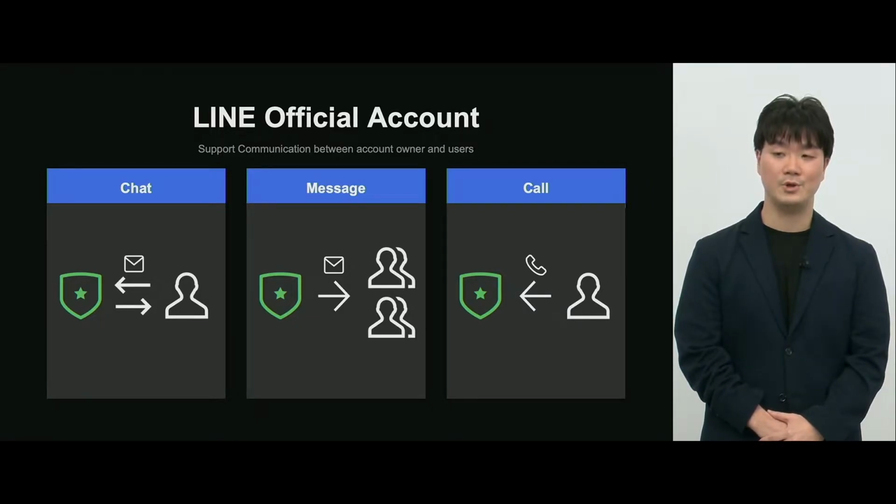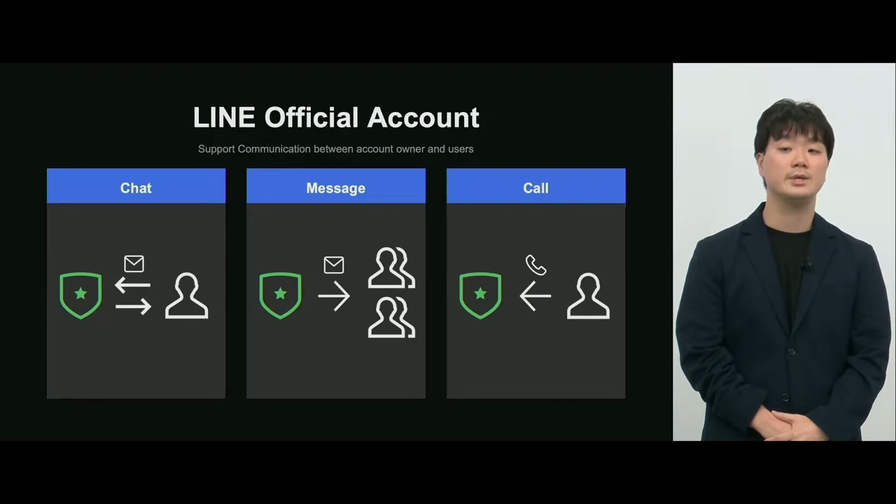Before going into that, I'd like to explain the Line Official Account first. Line Official Account is provided by Line for the services provided by corporates and stores, for business purposes, different from the personal account.